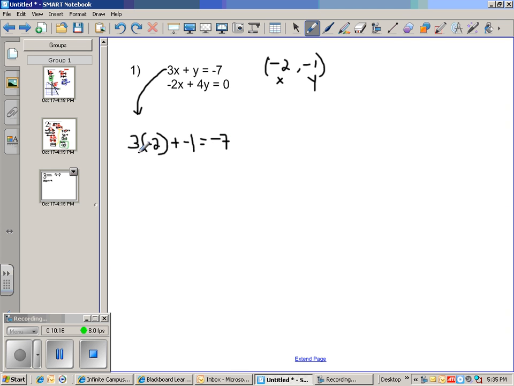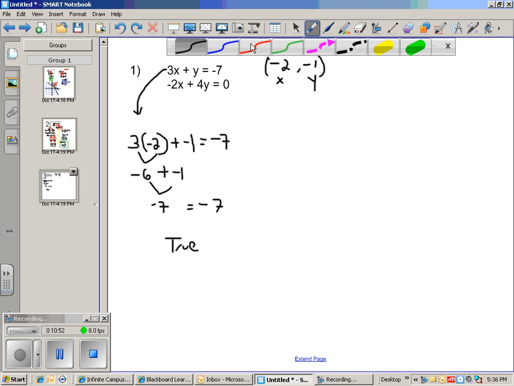So, solving, let's simplify. 3 times negative 2 is negative 6, plus negative 1. Simplifying that a little more, a negative plus a negative continues to be a negative. So we have negative 7 equals negative 7 over here. This is a true expression. Since this is a true expression, that means that when we plugged in the solution, negative 2, negative 1, that is a solution for this line.